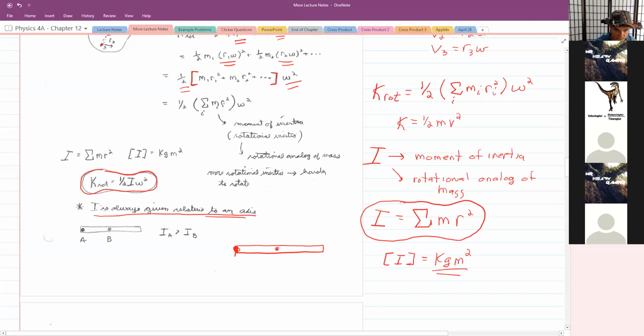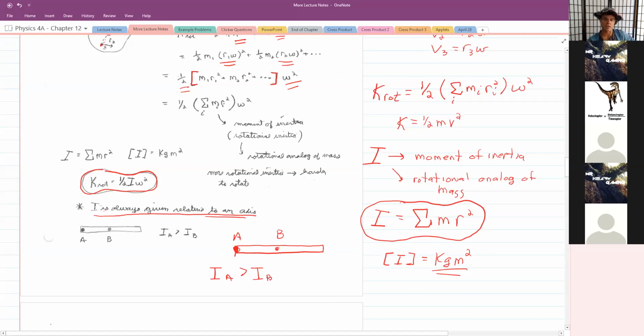So here, if I have an axis through A, or if I have an axis through B, through A, I have more mass farther away from A than I do relative to B, which means my moment of inertia about an axis passing through A is going to be greater than my moment of inertia about an axis passing through B.